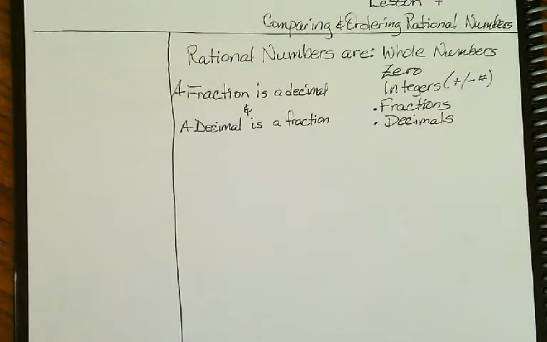I know, you think of them separately as two completely different things, but they're not. Remember back to when we were changing fractions into decimals to find percents? That's what I mean by a fraction is a decimal, and a decimal is a fraction.